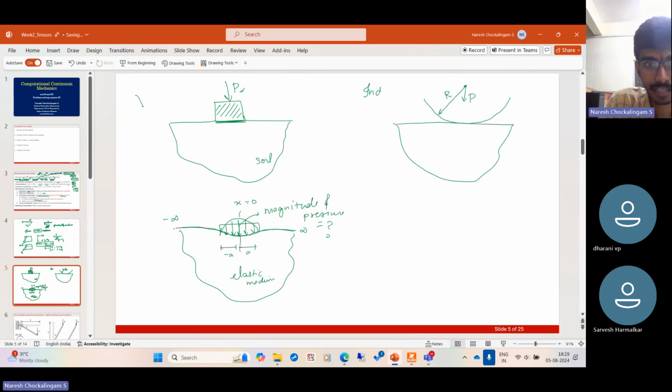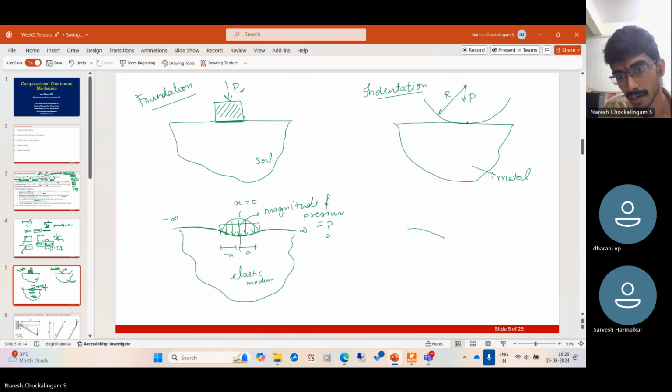So this is a foundation engineering problem. And this is an indentation problem which is encountered in material testing and mechanical applications. So you take a rigid ball, rigid indenter, and press it against some metal substrate. So in this case, initially, the point of contact is just one point. But as you press it, the point of contact just grows.